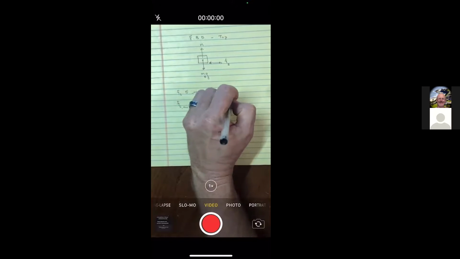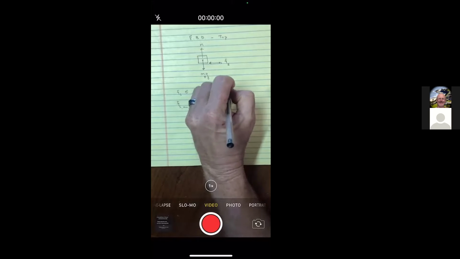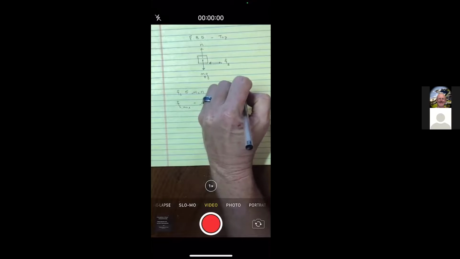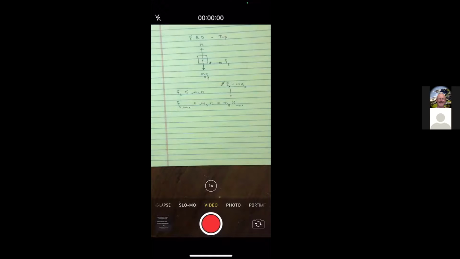Yeah, good point. So this was the X direction, right? Sum of the forces in the X direction equals mass times acceleration. I think where I got confused was I tried to apply Newton's second law to both blocks at the same time. And yeah, got a little lost there. And I should point out there are times when it can be useful to think about both blocks together or separately.